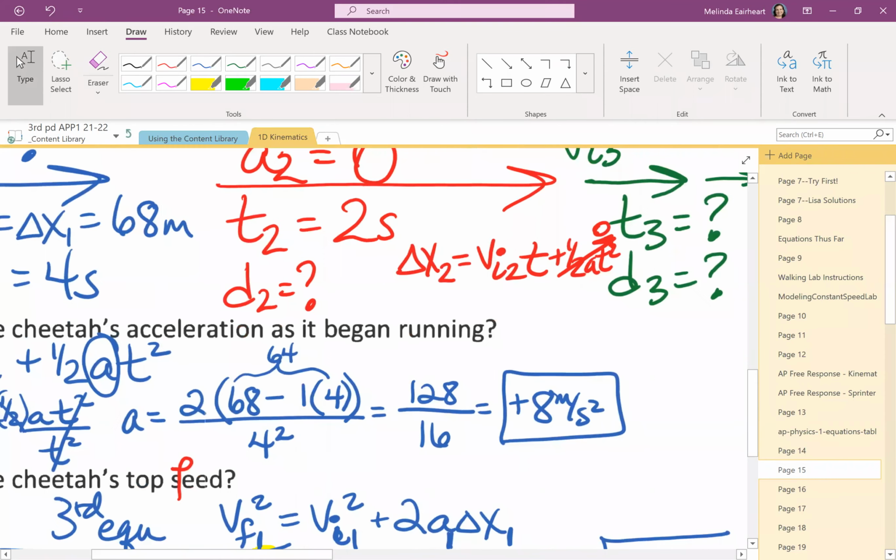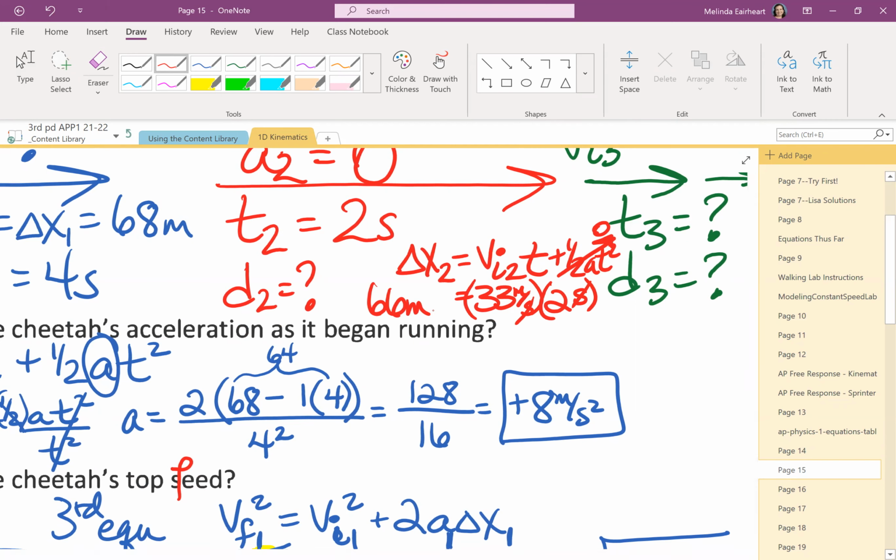Or go back to the defining equation for average velocity or speed: distance over time, solve for distance. And so 33 meters per second times 2 seconds, we get 66 meters. That's our D2.